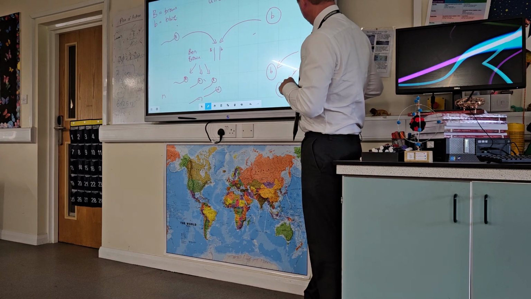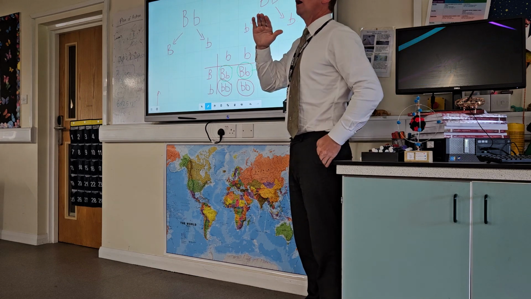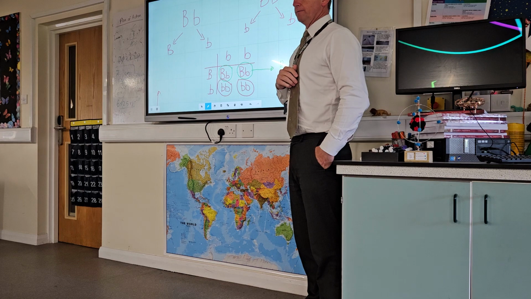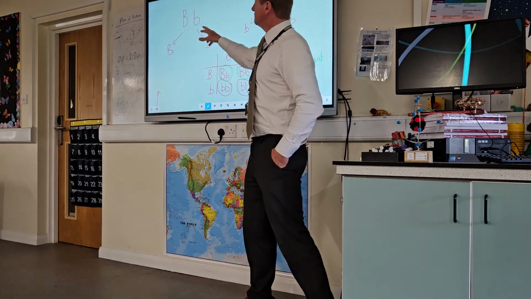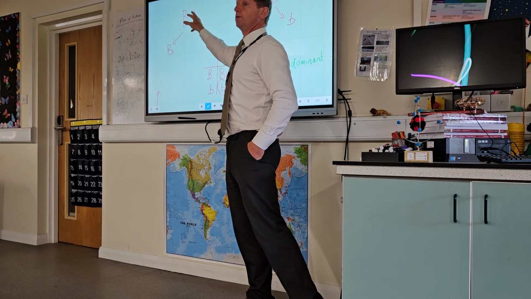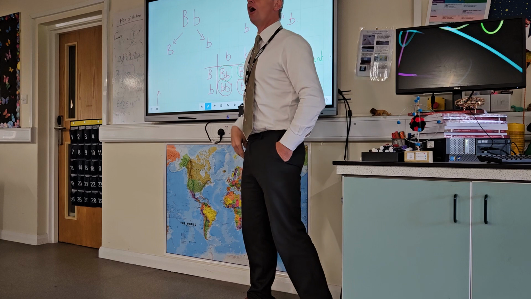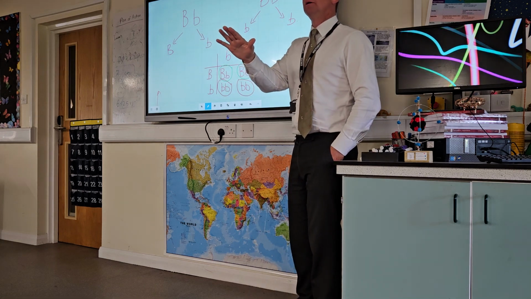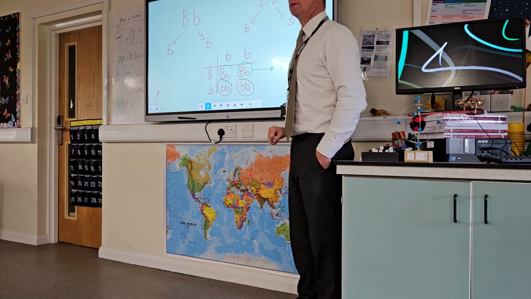We then come to another definition. Genotype. The genotype is the two letters that you've been given by your parents. Ben's genotype here was big B, small b. I know that's true, because if it was big B, big B, you wouldn't have blue eyes.